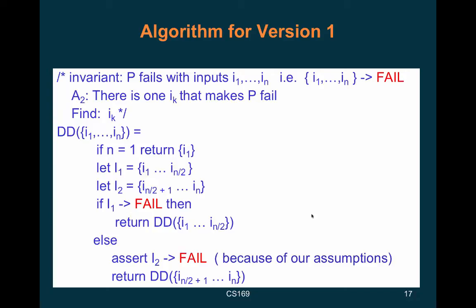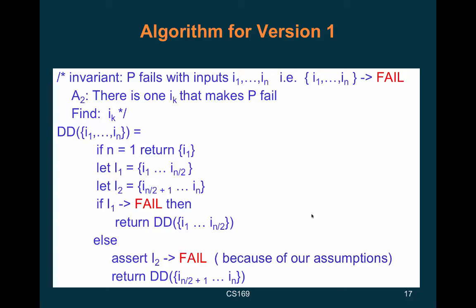So this is I1, and this is I2. We know that this by itself does not result in failure. We know that there's one element that produces the failure. Could the element be in I1?